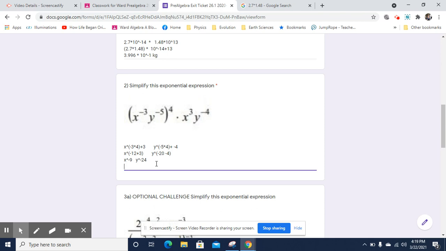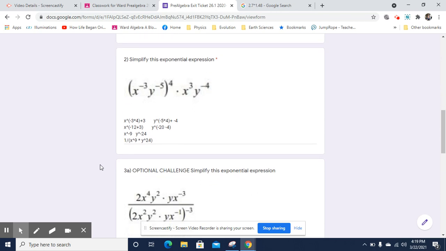So I'm going to make it 1 over x to the, now that I've moved across the fraction bar, the sign of my power changes to positive, and then y to the positive 24th. I'm going to put those in parentheses and give a little space there to indicate that those are separate expressions in that denominator. I don't actually formally need it, but there it is. So I've got 1 over x to the 9th times y to the 24th.